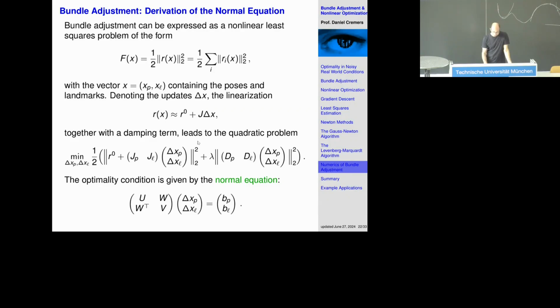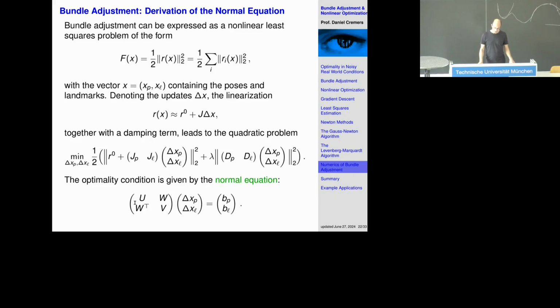And you can check for yourself, but if you take this loss function, you can see by construction, since I linearized the residual, this loss function becomes quadratic, and the regularizer on the updates is also quadratic. This whole problem becomes quadratic in the updates delta xp and delta xl.